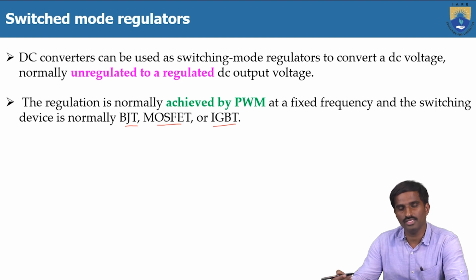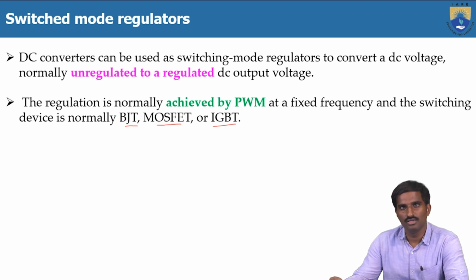In the time ratio control, one is constant frequency time ratio and another is the variable frequency time ratio control, and the other one is the current limit control. These control techniques we can use when we consider the switching device as a thyristor.